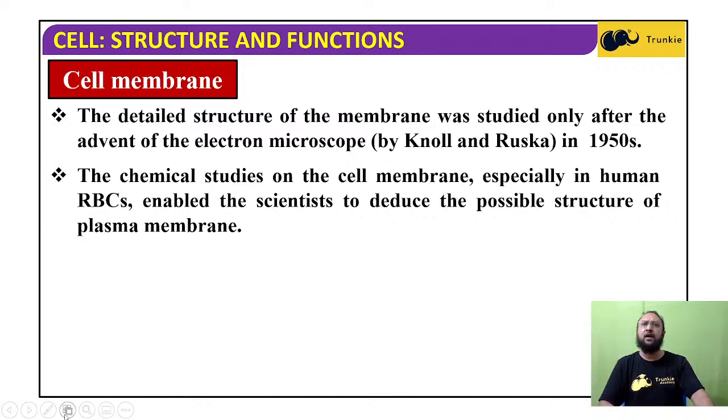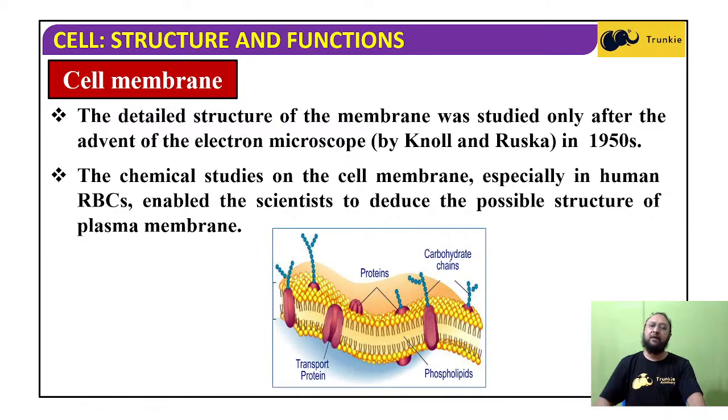The biologists used the red blood cells, the erythrocytes of humans, and by studying their plasma membrane they were able to deduce its composition and detailed structure.